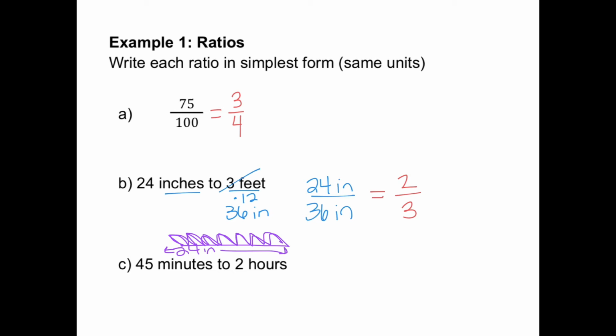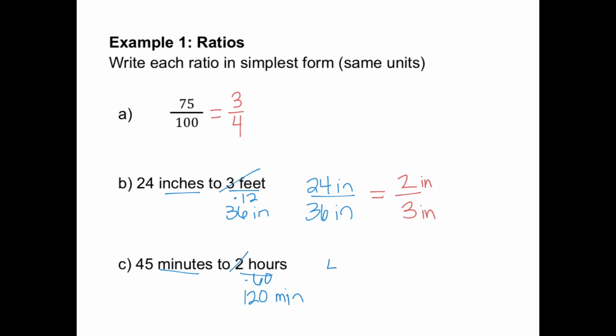Finally, for 45 minutes to 2 hours, this is again not in the same units. We have minutes to hours. So I'm going to take the larger unit, which is hours, and multiply it by 60 to figure out that there are 120 minutes in 2 hours.